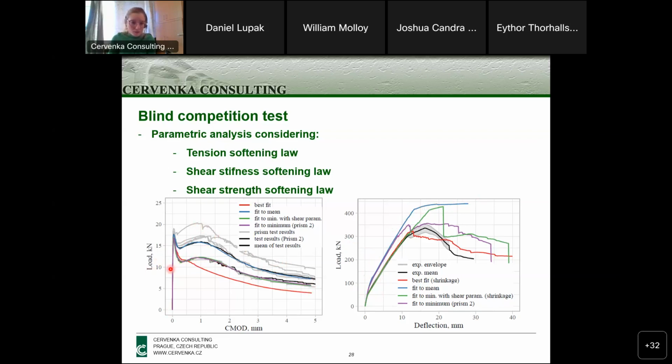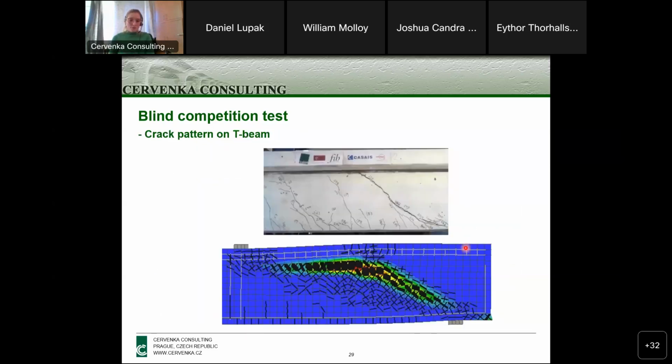But when they started to fit to the lower bound of material testing, they were getting much closer to the experimental results of the T-beam. And also the crack pattern and the failure mode got really close to how the T-beam collapsed.